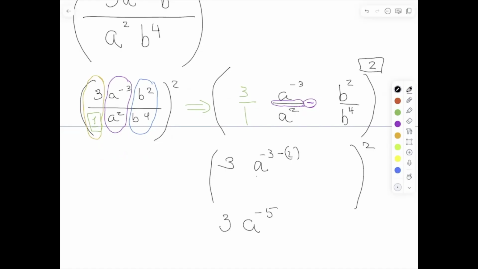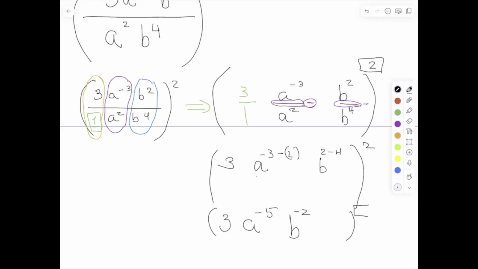The next one. B to the 2nd power. There's a negative here, so that's a negative there. And then what is that? That's the number 4, right? So this is going to be B to the what? Negative 2. Yes.